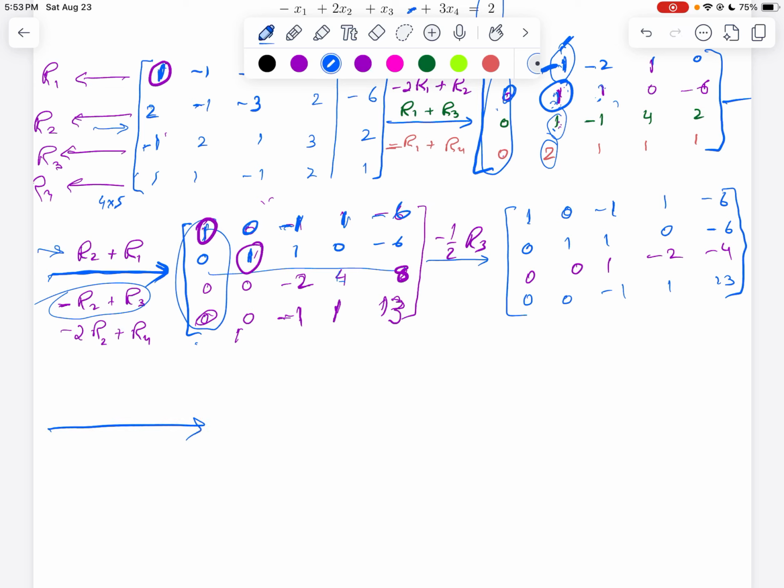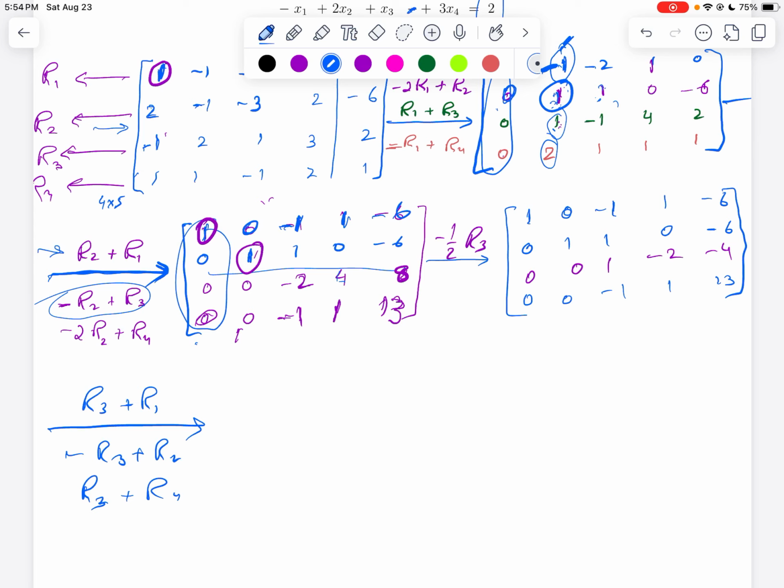So what we will do, we'll do R3 plus R1. So it means we'll add the third row into the first row. Also we will do negative R3 plus R2, and then, oh sorry, R3 plus R4.